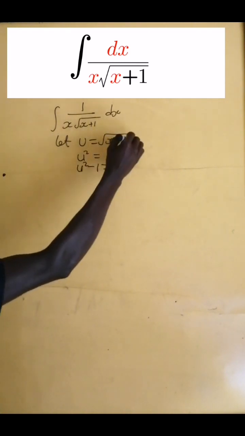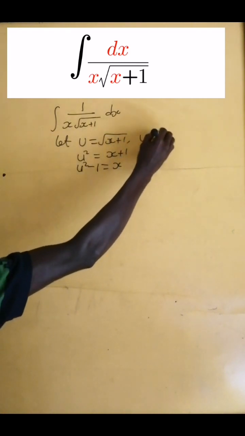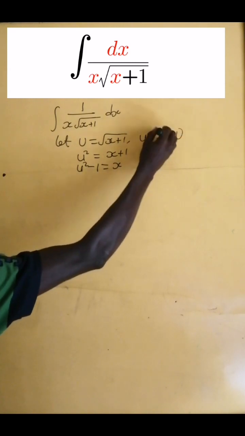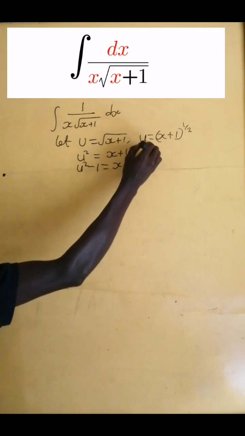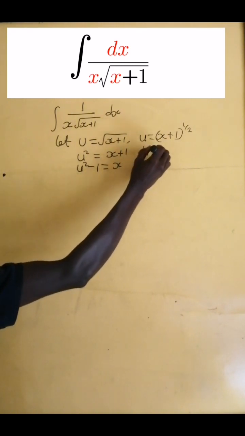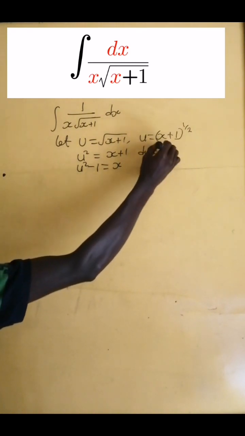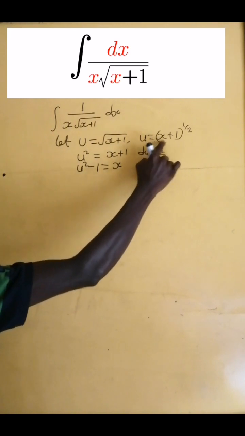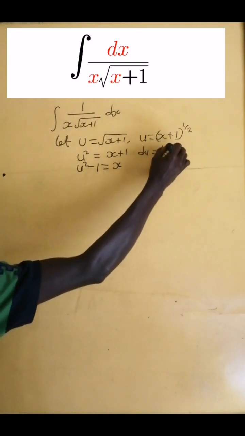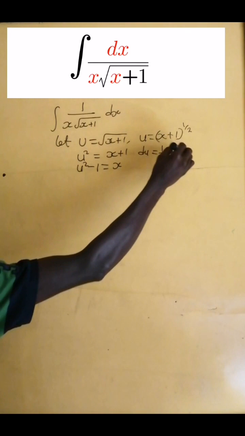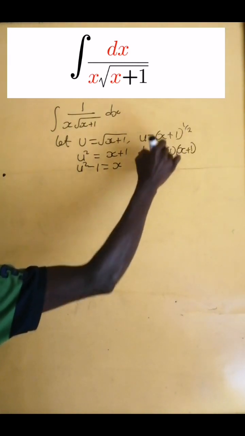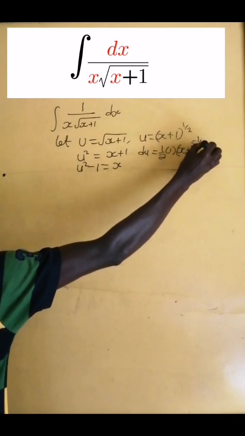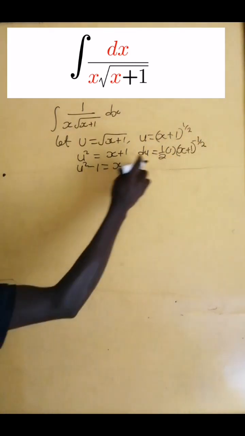Okay, so let's see. This implies we have u equals (x plus 1) to the power half, and we differentiate u with respect to x. We have du equals half of, if we differentiate x, we get 1, times into bracket x plus 1, then we subtract 1 from the power to get negative 1 over 2.